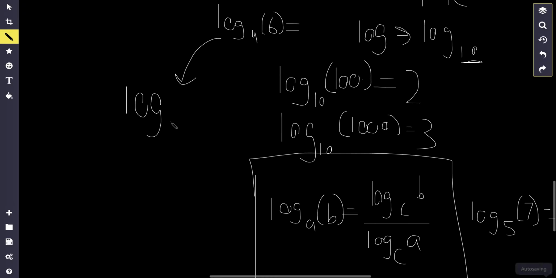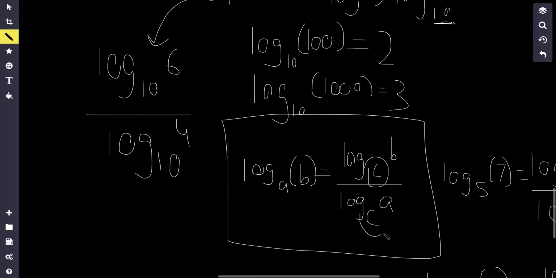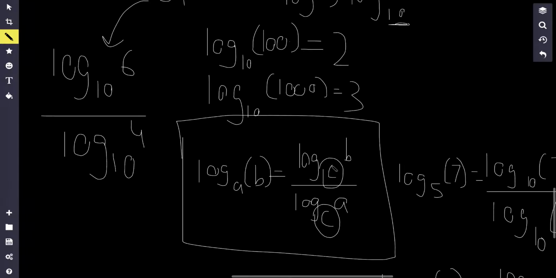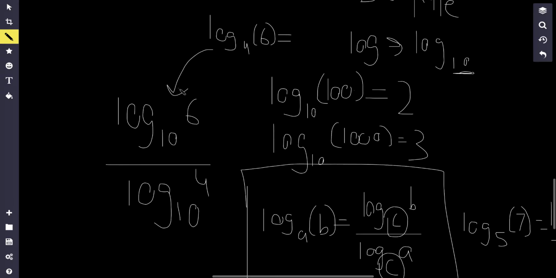You can also rewrite this as, let's say, log base 10 of 6 divided by log base 10 of 4. You can use any base you want. So it can be log base 4 of b divided by log base 4 of a, log base 3, log base 2, whatever your calculator has. You can convert logarithms to the base that you would like.